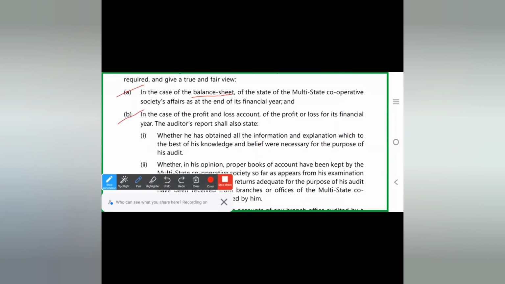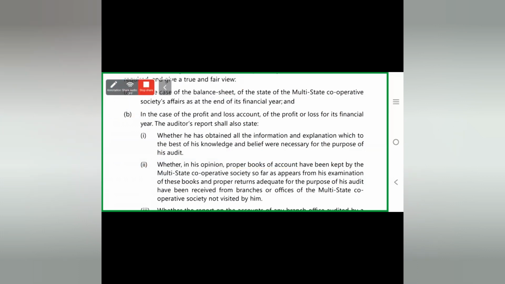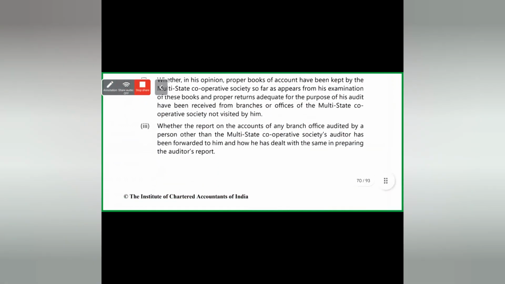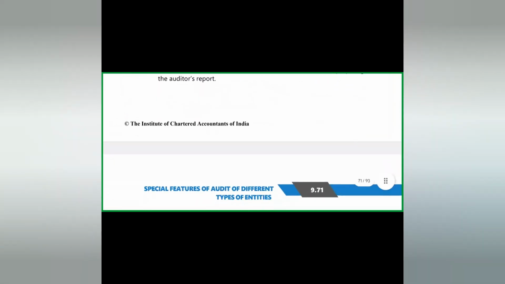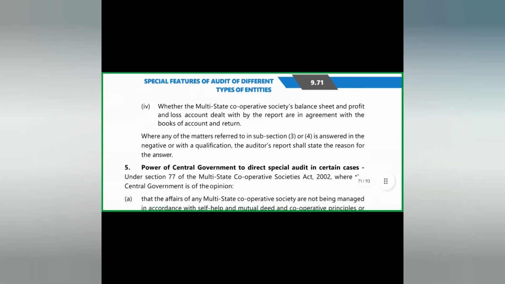In case of profit and loss account, the auditor's report shall also state whether all the information and explanation necessary for the purpose has been obtained, whether in his opinion proper books of accounts have been kept, or these evidences are adequate enough, whether the report on account of any branch office audited by a person other than the multi-state cooperative society's auditor has been forwarded to him, whether the multi-state cooperative society's balance sheet and profit and loss account dealt with by the report are in agreement with books and accounts of return.